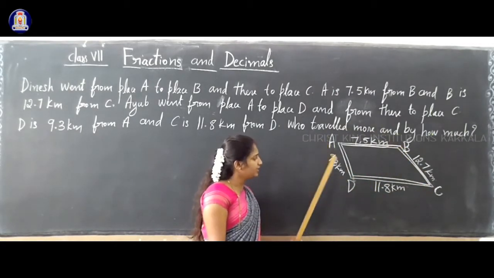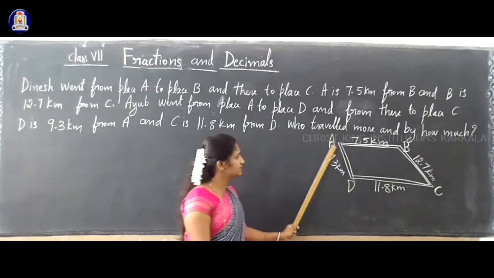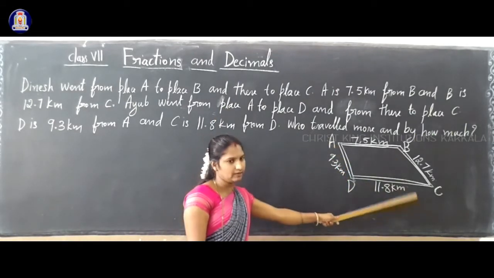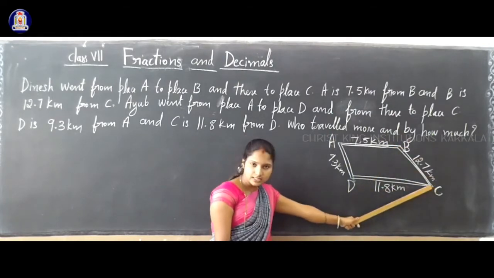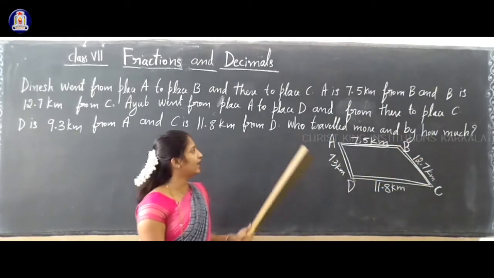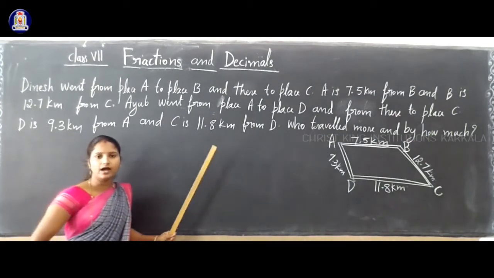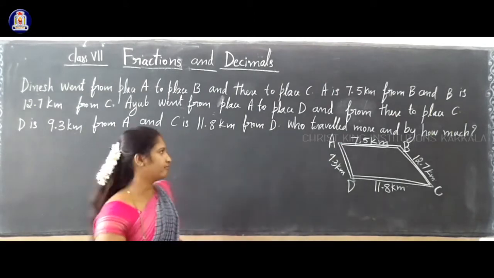A to D and D to C is the distance traveled by Ayub. So the question is, who traveled more distance and by how much? So now you have to compare.